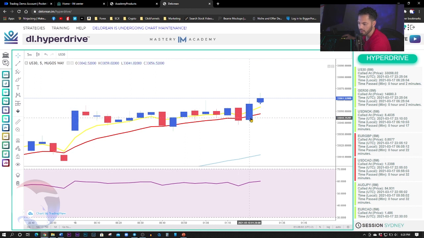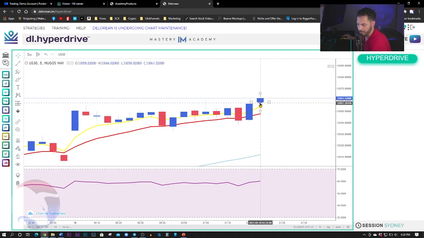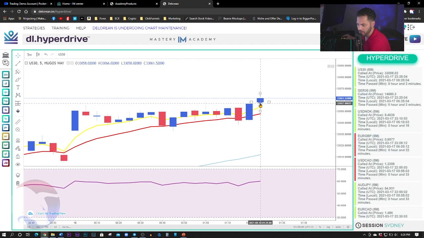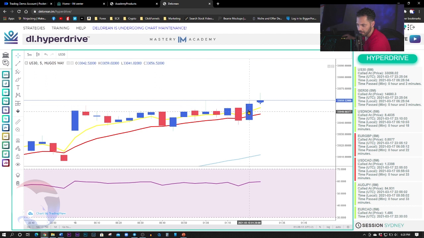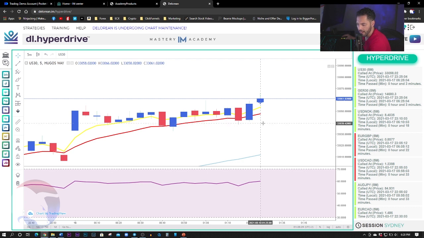Okay, so you want to make sure that if it's a blue arrow that's popping up here, you want to make sure that the blue candle is bigger than the red candle. If it closes bigger than the red candle and you see the yellow and red line crossing through both bodies of these candles, and an arrow pops up, you can go ahead and take the trade for 15 minutes.